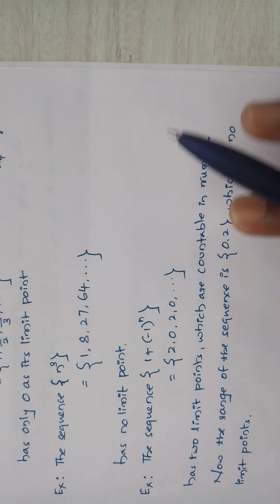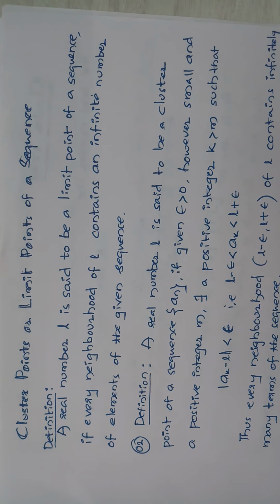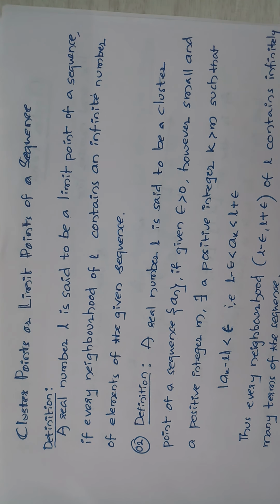According to the definition, a real number L is said to be a limit point of the sequence if every neighborhood of L contains infinitely many terms of the sequence. This is the definition of a cluster point or limit point of a sequence. Based on that I have given two examples.